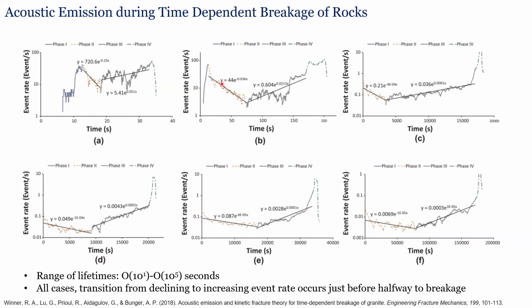There's a period of decline for a bit under half of the life, and then this slow acceleration. The order of magnitude of cumulative events remains roughly the same. So the event rate is smaller for these long-term tests, and the cumulative is kind of remaining in the same order of magnitude. Okay, so clearly the failure of rock is intrinsically time dependent.